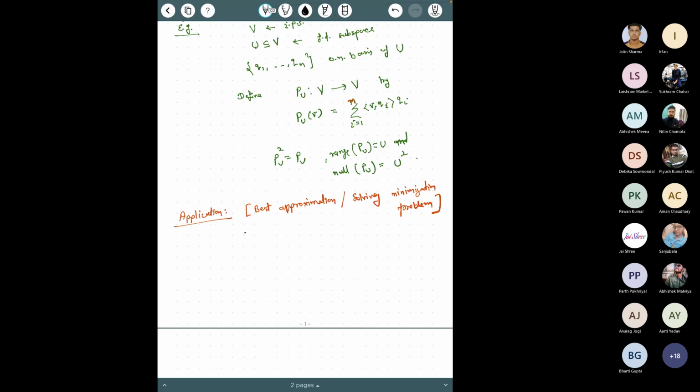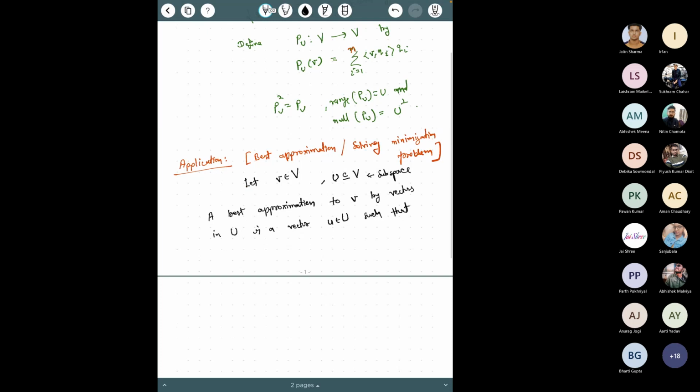Suppose we are given a vector v in, let's say, an inner product space, and suppose that U is a subspace of V. Then a best approximation to v by vectors in U is a vector u belonging to U such that the length of v minus u is less than or equal to the length of v minus w for all w belonging to U.